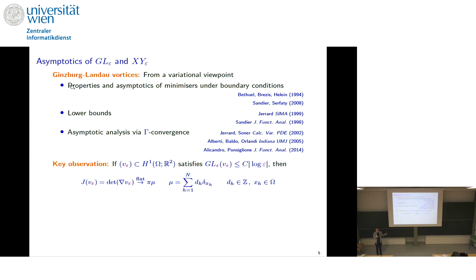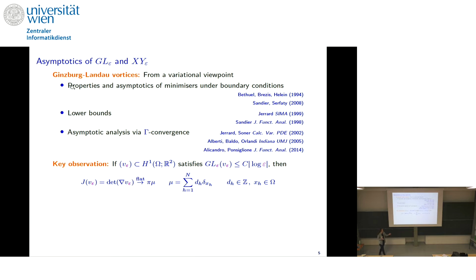Flat convergence is a weaker convergence than weak star convergence. I will say something more about this later. The limiting measures are finite sums of Dirac measures with integer weight.